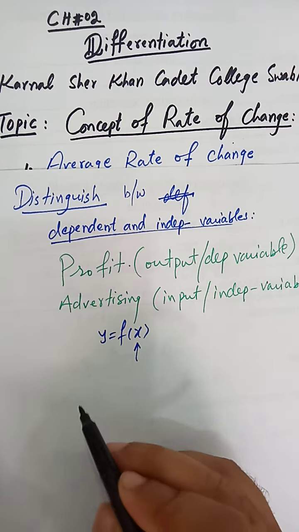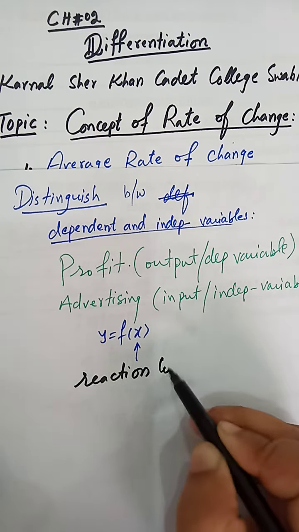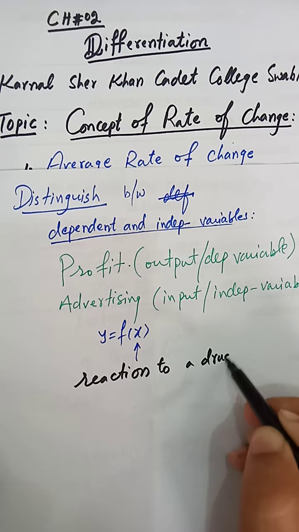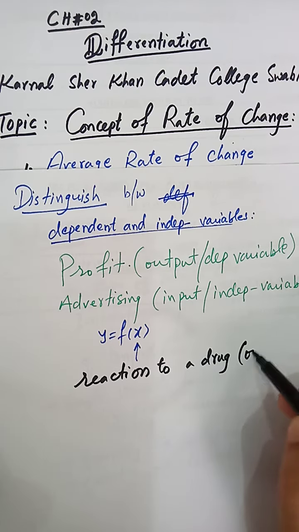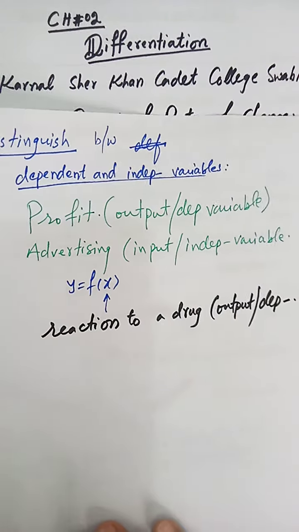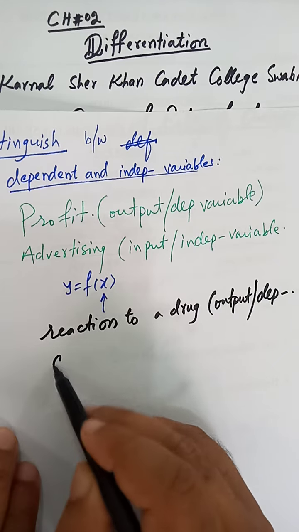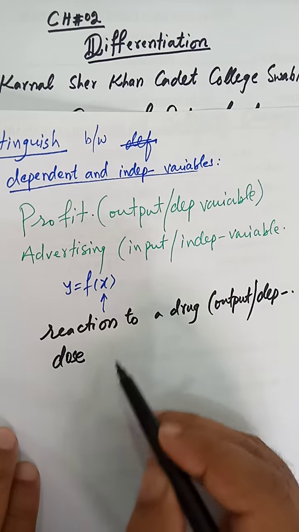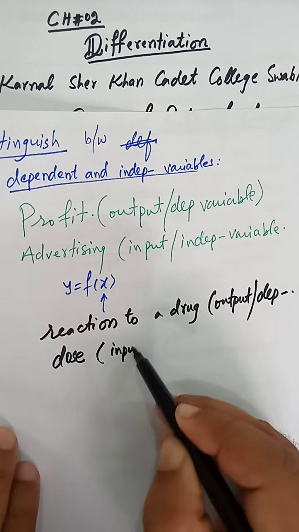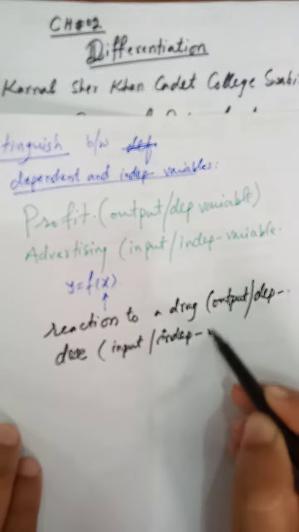So in this case, the reaction to a drug in a patient is your output, which is a dependent variable, and the number of doses that the patient takes is your input, that is your independent variable.